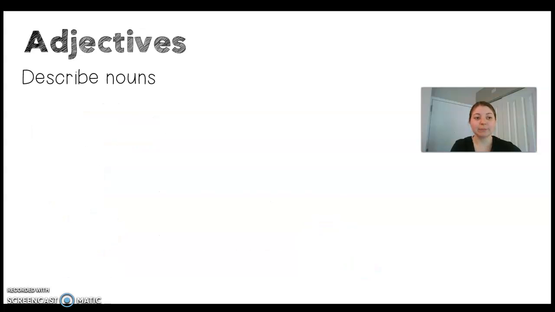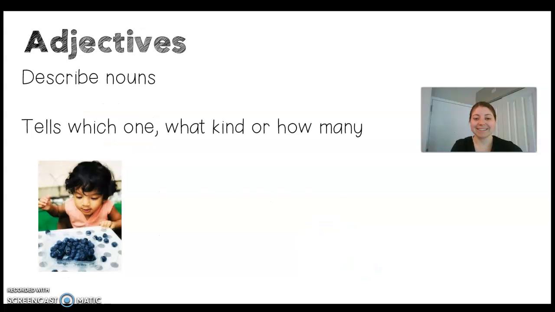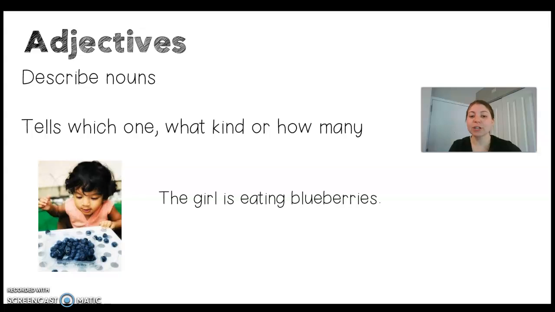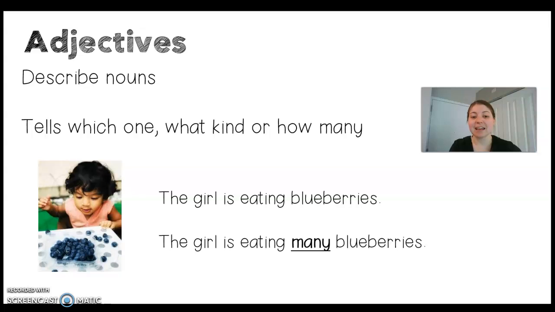Let's try one more. Look at the picture. This sentence says, the girl is eating blueberries. This sentence says, the girl is eating many blueberries.